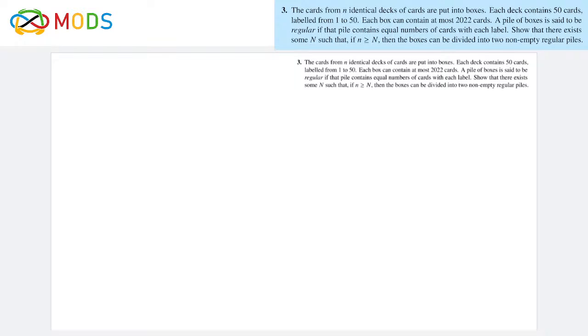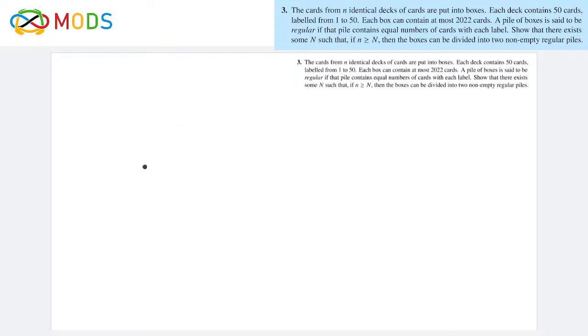Wait, what? This wording is so bad. I'm confused. Okay, so, don't explain this problem to me.